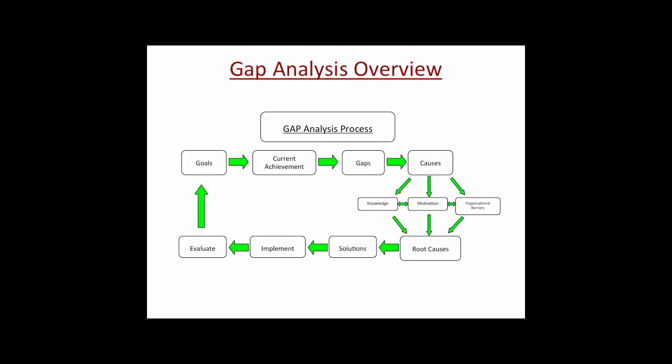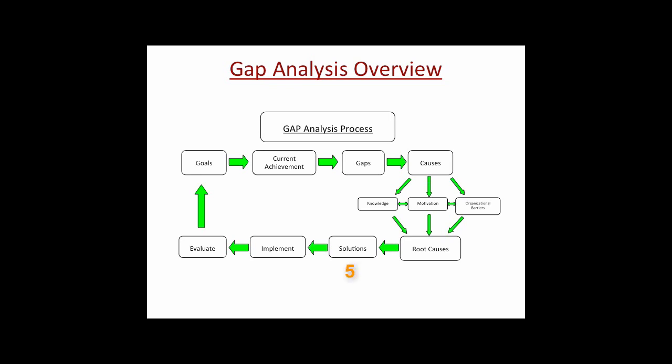The steps in gap analysis are 7. First, what is our performance goal? Where are we now related to the goal? Thirdly, what is the size of the gap between our current status and the goal we've established? Then fourth, what is causing the gap?